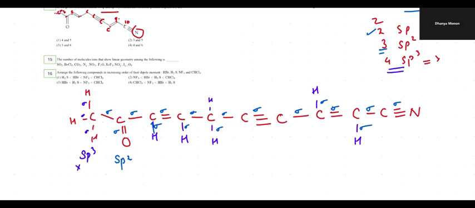So I'm starting with the first carbon atom. This is the second one, third, fourth, fifth, sixth, seventh, eighth, ninth, 10th. The first carbon atom we don't need because it is sp3 hybridized.